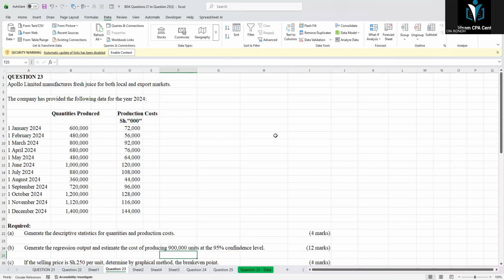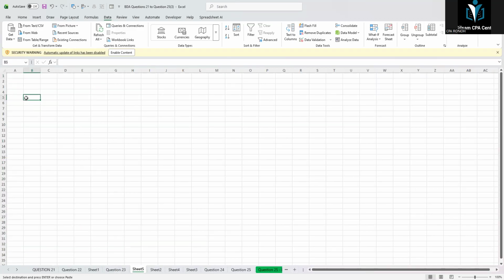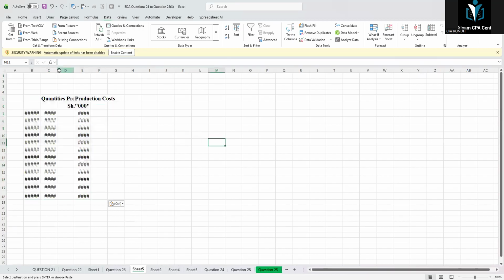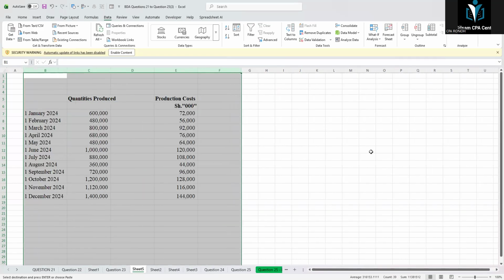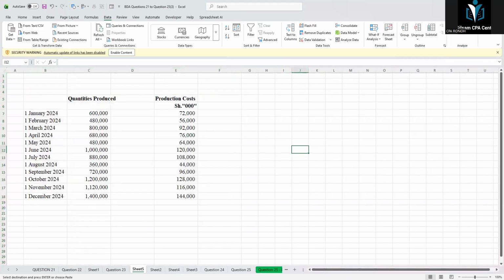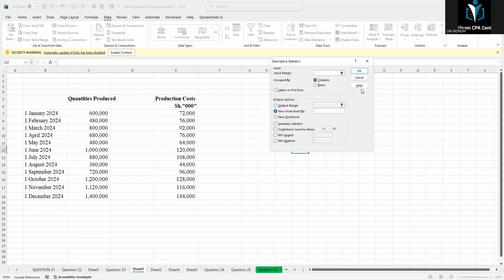So for descriptive statistics, let's still use the same data. Copy there. Let's try descriptive data analysis. You select descriptive statistics.